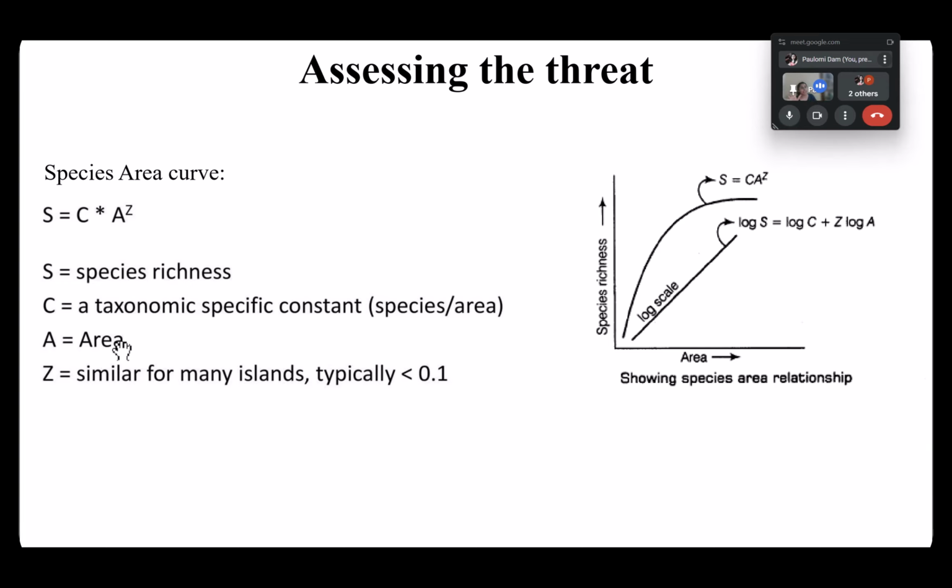Now, the question here is, how do you assess the threat? This is talking about area and dependency of the species richness on an area. Now, what if I reduce the area? How is that going to impact the species richness is the idea, right? This is exactly how the curve on the right is plotted.